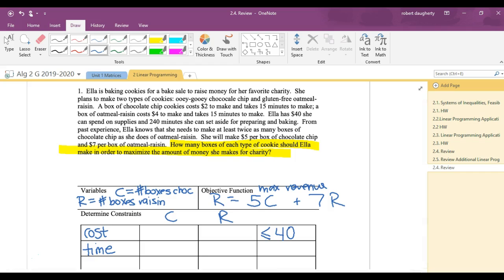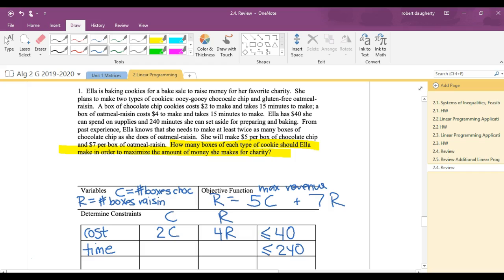So how much does it cost to make the chocolate chip? So it takes $2 to make the chocolate chip, and it costs $4 to make these special raisin cookies. Okay. And then time. She has 240 minutes. Okay, so I cannot go over 240 in my time.